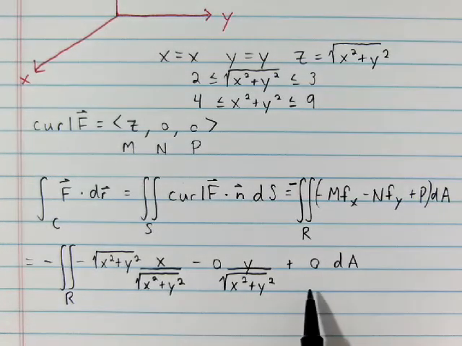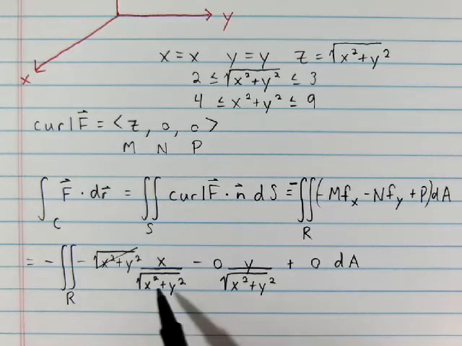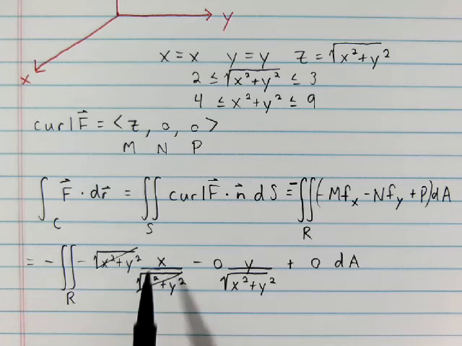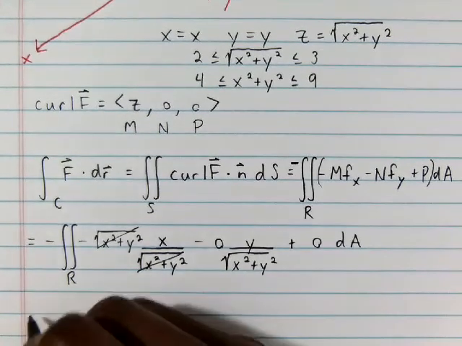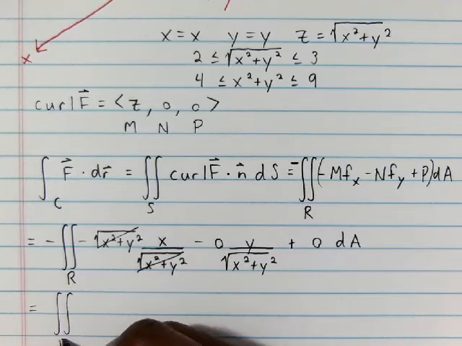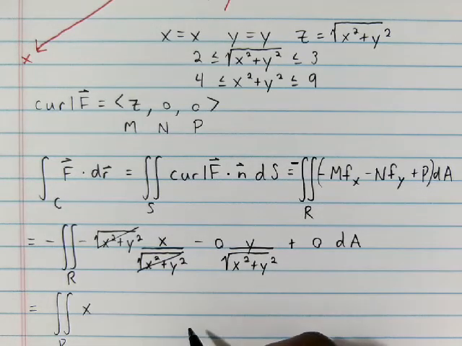And so these last two terms go away, and on these first two terms, the first term, excuse me, that cancels, which makes our life easier. So we just end up with negative x. So we just end up with x. So this equals the double integral over r of x dA.